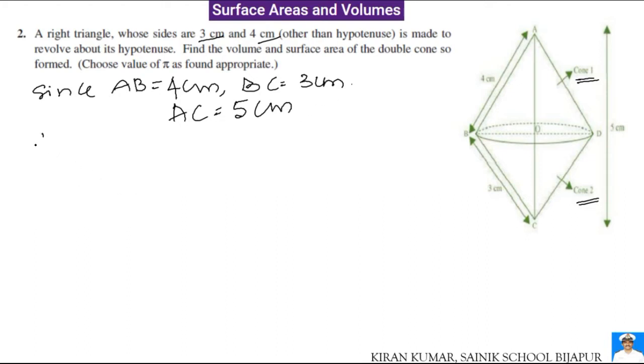So I can find out the area now. Area of the triangle ABC will be equal to half into AB multiplied by BC.